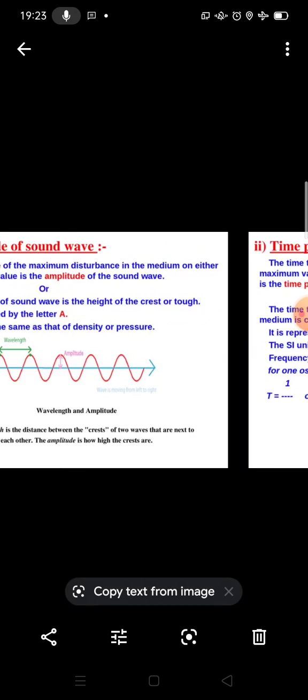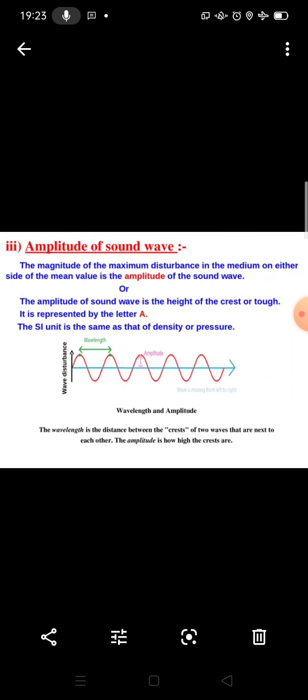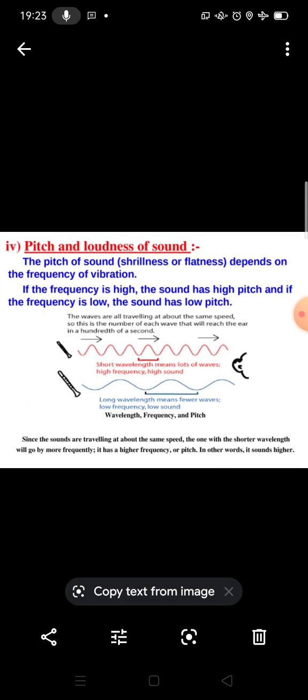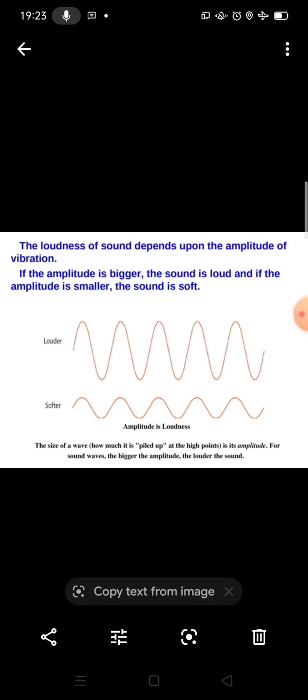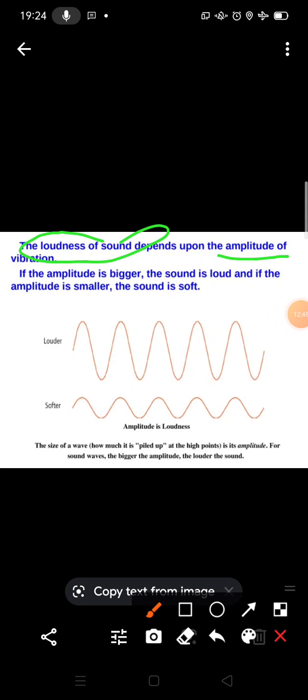So first of all, students, you should read this: frequency, time period, amplitude, and the pitch and loudness of the sound. The loudness of the sound depends on the amplitude. If the amplitude is bigger, the sound is loud. If the amplitude is smaller, then the sound is soft. What do you mean by the amplitude?